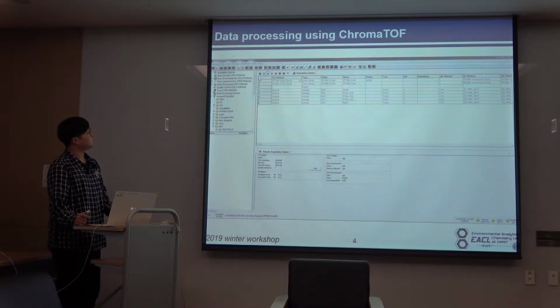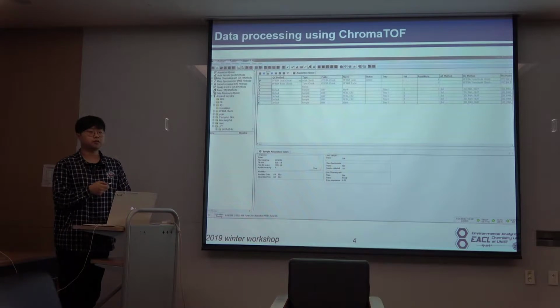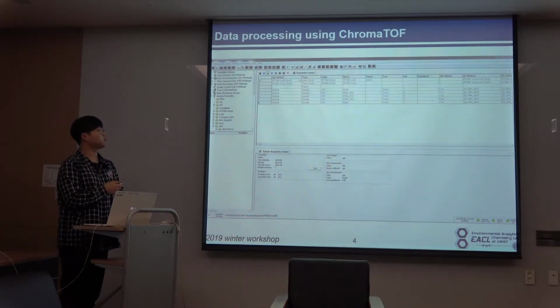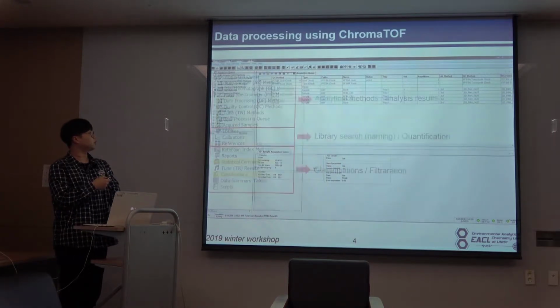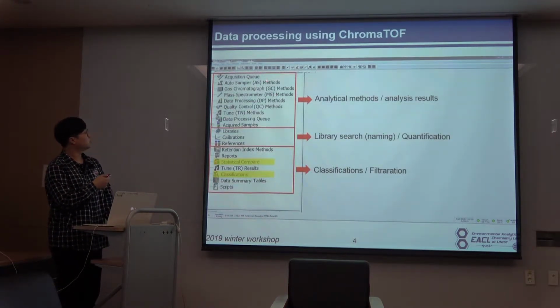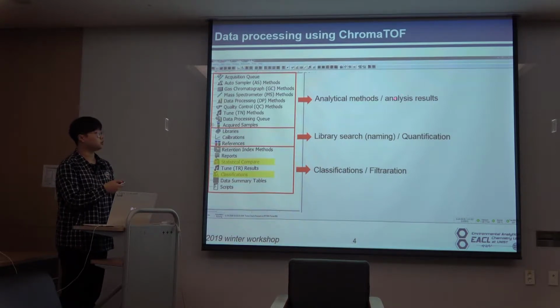So this is the first window of the ChromaTOF software, the basic software for GC×GC-TOFMS. The left side is the tree of this software. The first part is for the analytical method and analysis results, so we can write the method file and check the analysis results.